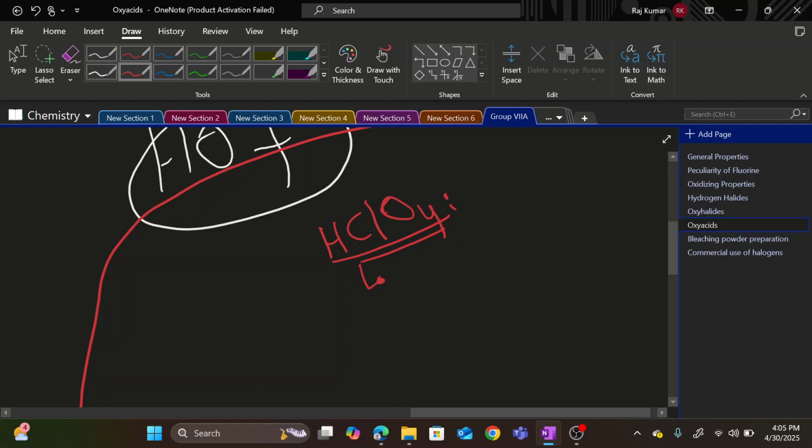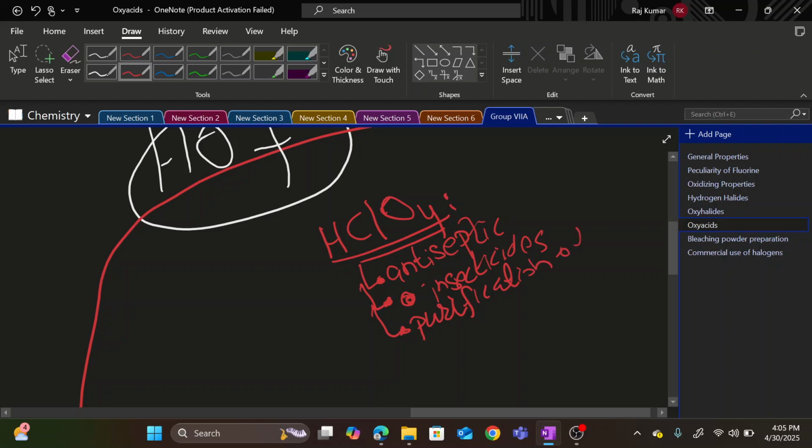There are certain characteristics, certain points to remember about it. It is basically used as an antiseptic. It is used for making insecticides, for purification of water, and for bleaching.